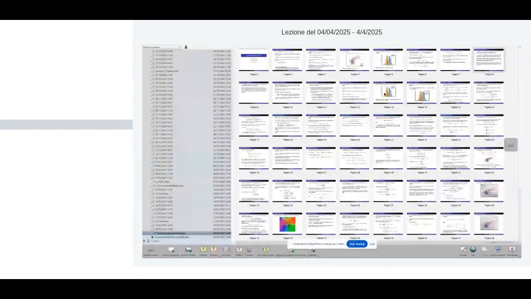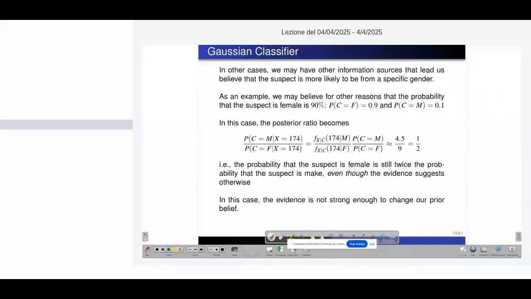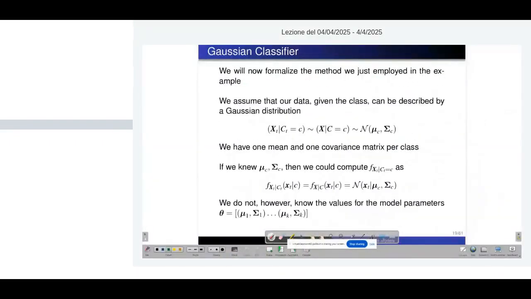Last week and yesterday in the laboratory, we discussed the multivariate Gaussian model. That is a model where we assume that the samples of each class are modeled by Gaussian densities with one mean and one covariance per class. So each class has its own set of parameters.